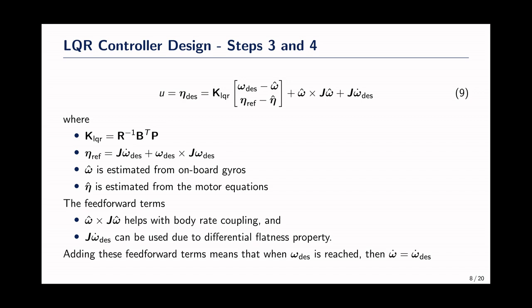That third one is optional, but adding those in has the nice property that when omega equals omega desired, we also have that omega dot equals omega desired. I'm going to skip over some of the details here, but just know that this controller has some nice properties associated with it, in addition to it being a nice LQR controller.